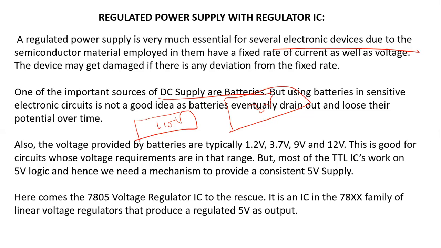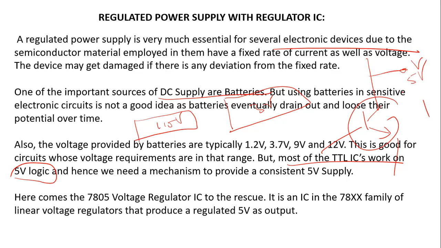But in many ICs, we require 5-volt logic, because your computer memory also works on 5-volt logic. If you remember, this is a transistor. In this transistor, if the output at the collector is 5 volts, the logic value is considered as 1, and if the output is 0 volt, then the logic is taken as 0.